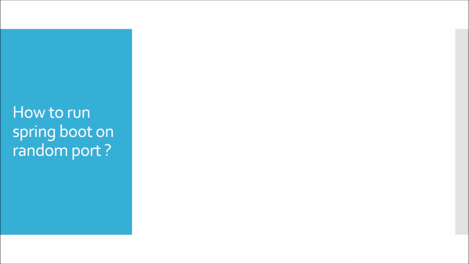Moving to next question. How to run Spring Boot on a random port? We know that to run Spring Boot on a particular port, we can use server.port. The default port that is provided for Tomcat is 8080.